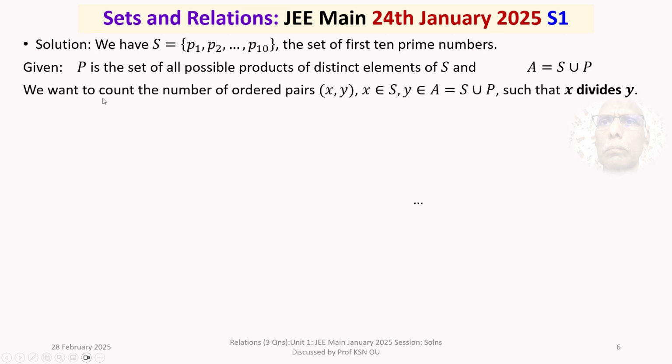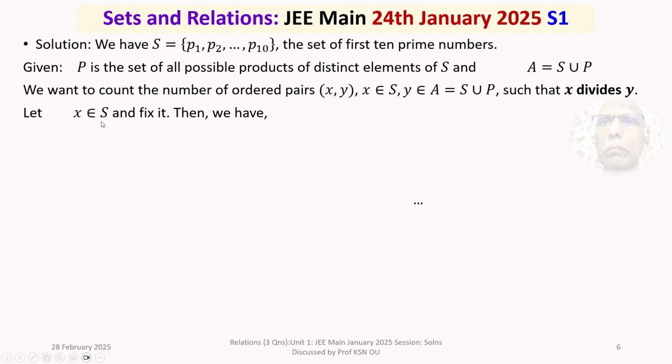Yes, we want to count the number of ordered pairs x comma y. First component x belongs to S, the second component y belongs to A, where A is S union P, such that x divides y. Let x belongs to S, fix it.